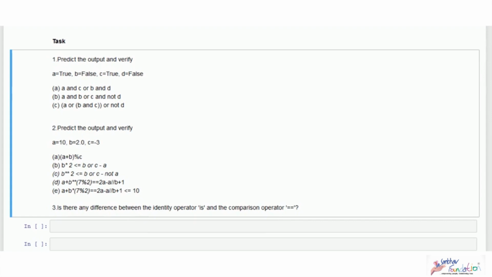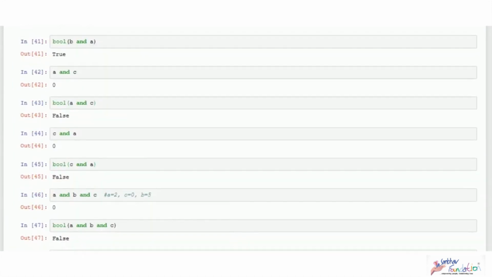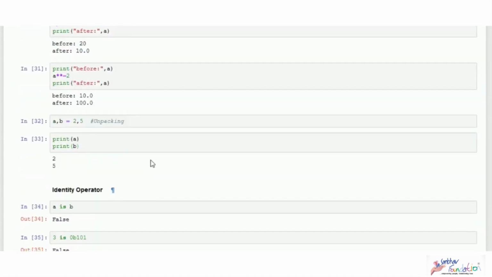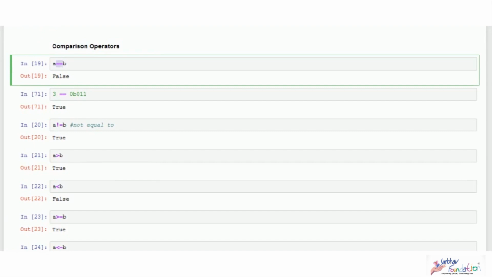Now on to the third question. Is there any difference between the identity operator is and the comparison operator equal to? So if you remember, let's go back to the identity and comparison operators. In the comparison operator, this double equal to checks whether the value on the left hand side and the value on the right hand side are equal.